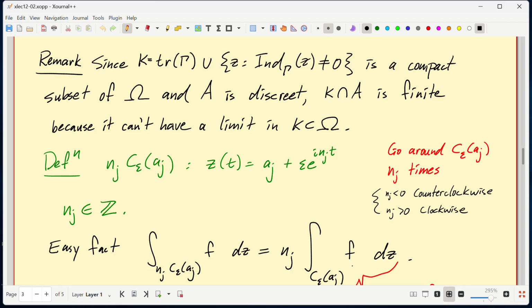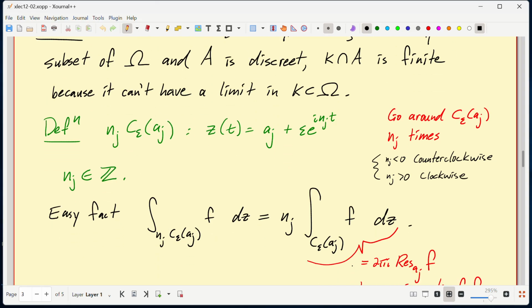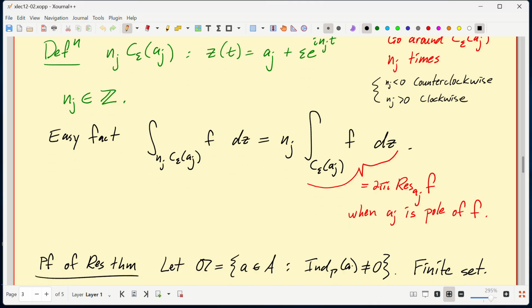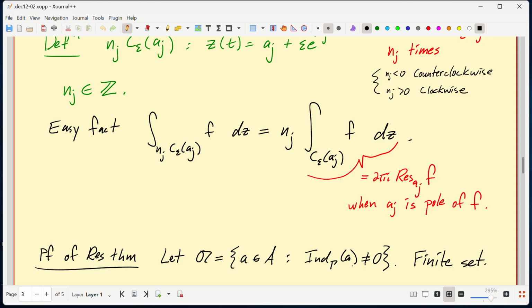All right, and so I define this going around the little circle n_j times by that notation there. We're going to add a bunch of little circles, finitely many little circles to our cycle, so it becomes homologous to 0. So this is why the essential singularity thing works.